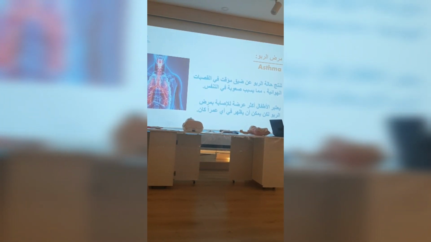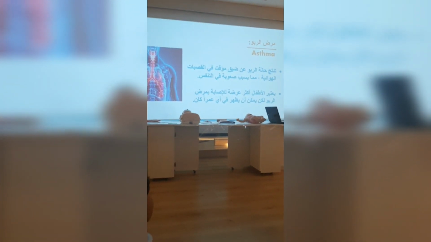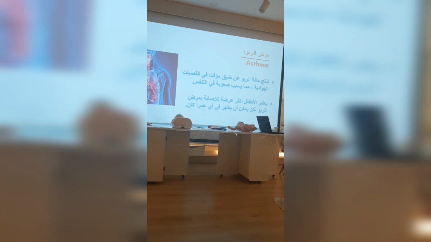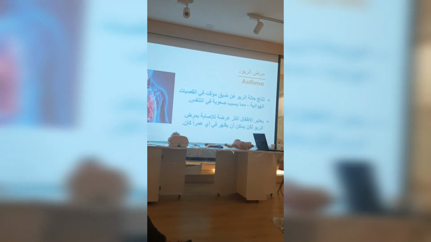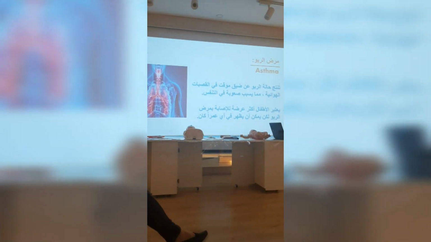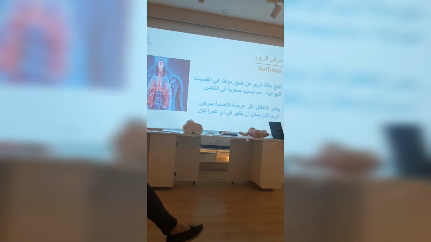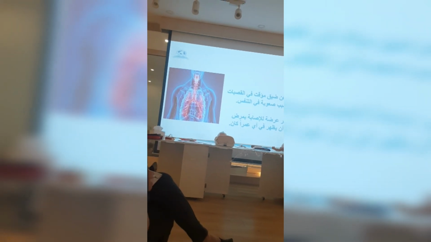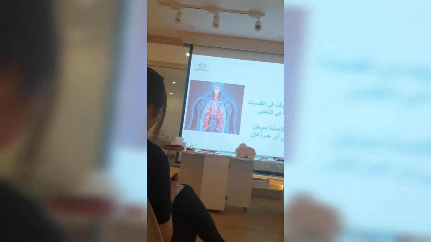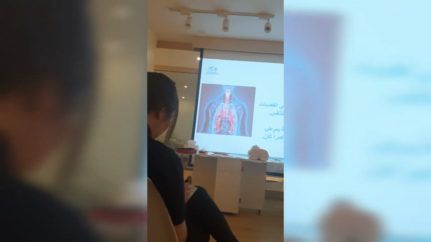Okay, here is the lung, in the respiratory tract. If you remember the slide when I showed you the human body. In the lung there are bronchioles and alveoli. Alveoli look like a grape. When all of these inside the lungs become narrowed or affected over time, it will lead to asthma, which leads to difficulty of breathing.